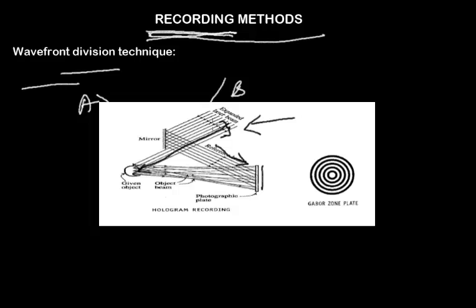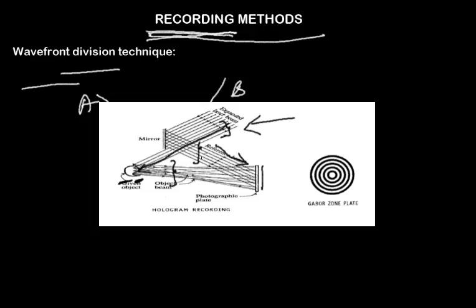Now we can see the laser beam which is coming back from the mirror has a plane wavefront. And the laser beam which is coming back after striking the given object has a spherical wavefront, because our object is spherical.